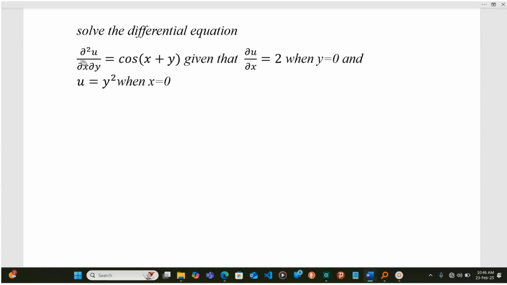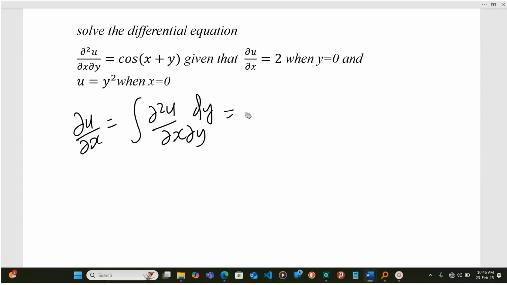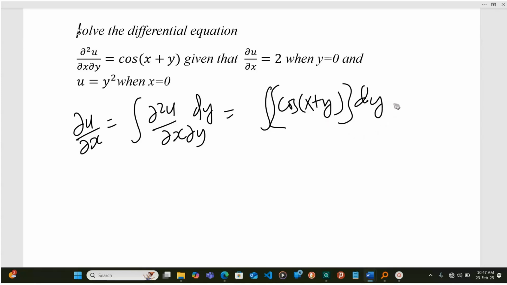So meaning, when we integrate it, we'll have del u, del x, and this is equal to integrating del 2u, del x, del y with respect to y. So this becomes integrating cos x plus y with respect to y. And what does this become?